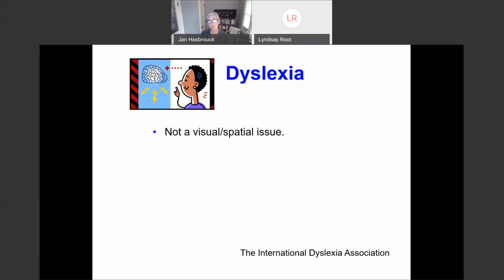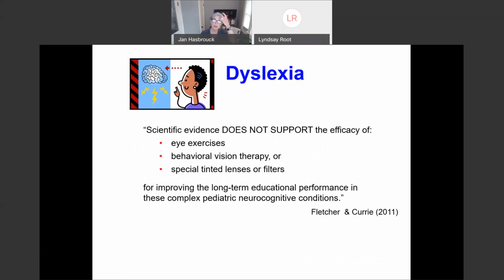So from the research, the International Dyslexia Association, also called IDA, we can conclude that dyslexia is not a visual spatial issue like we thought it was for a long time. The research on the medical side that has focused on dyslexia says the research is not supporting eye exercises, behavioral vision therapy, or tinted lenses for dyslexia.